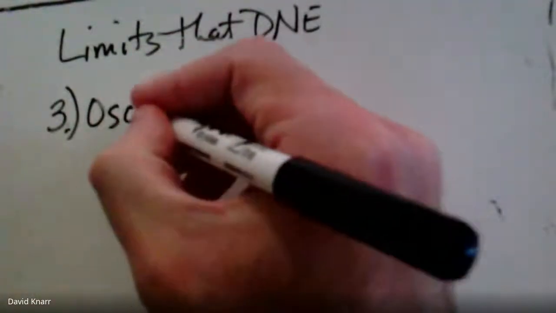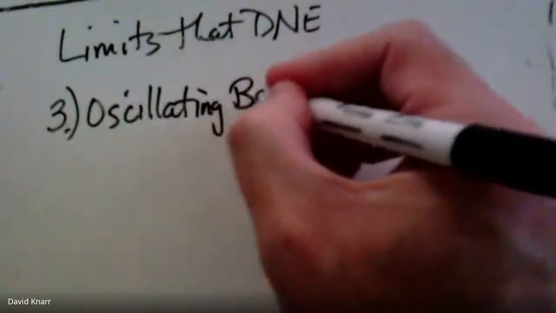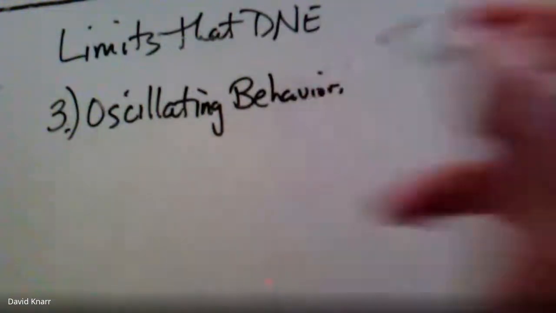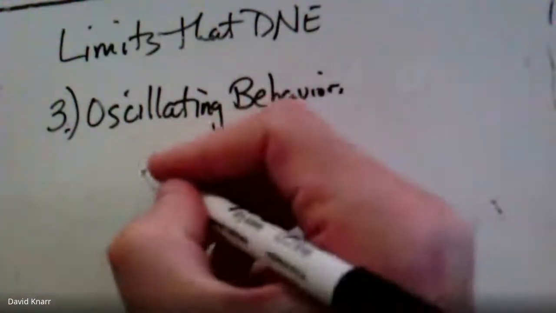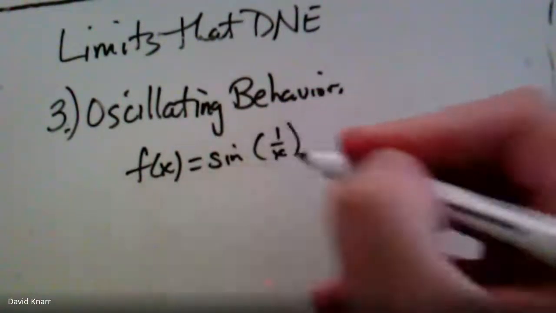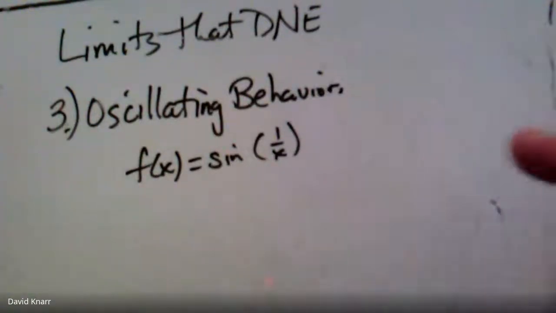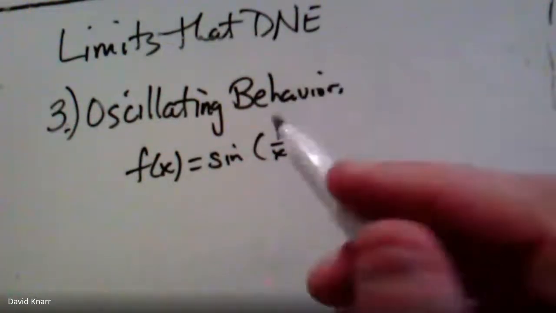It's a limit that has oscillating behavior. All right? So what I encourage you to do is graph. If you have a graphing calculator, put it in radian mode. Calculus is only done in radians. All right? Calculus is done in radians only, no degrees.